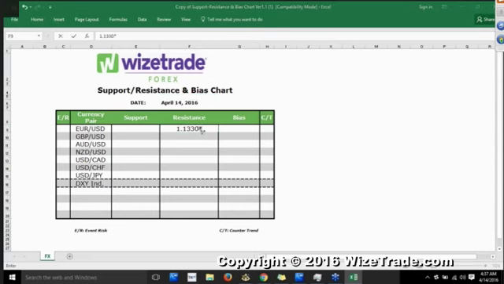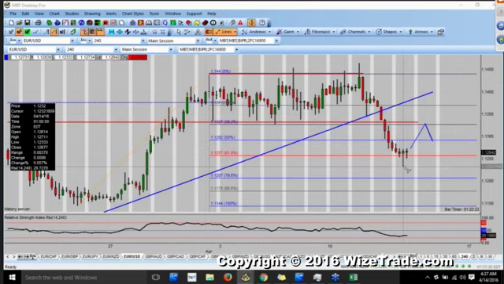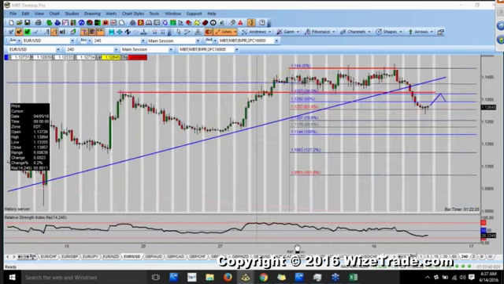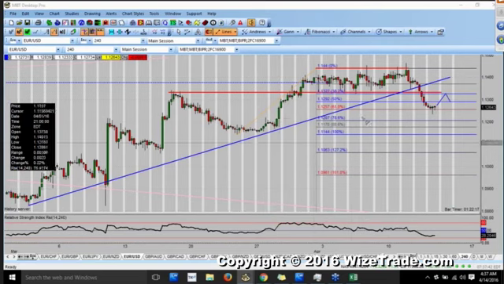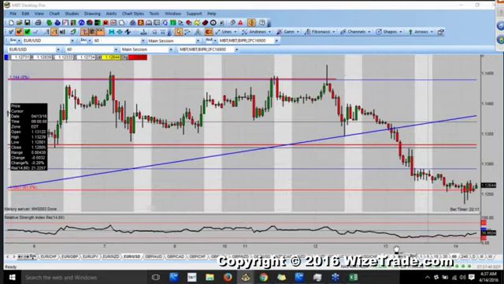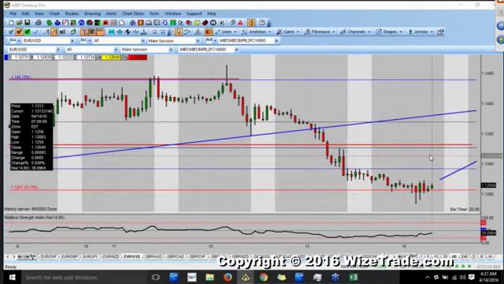Now support, the spike lows I could write down as support, because anybody who's getting long in European trade right now is thinking the exact same thing: I'm going to get long, I'm putting my stops below the lows. So if we break through those lows, we're toast.